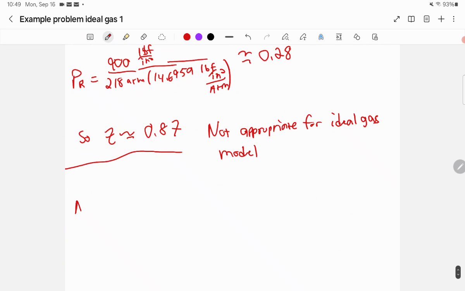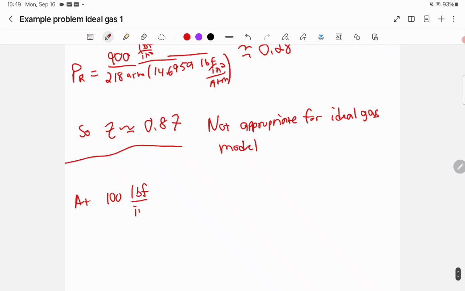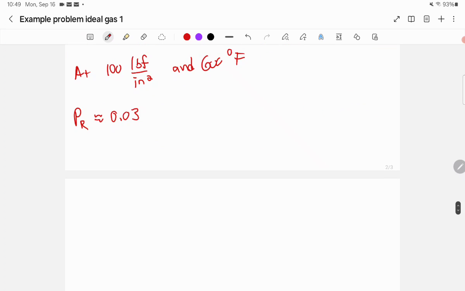So at 100 pound-force per inch squared and 600 degrees Fahrenheit, what we find, reading off the table again, is that PR is approximately equal to 0.03, and TR is still just, the temperature obviously didn't change, so that's still just 0.91.